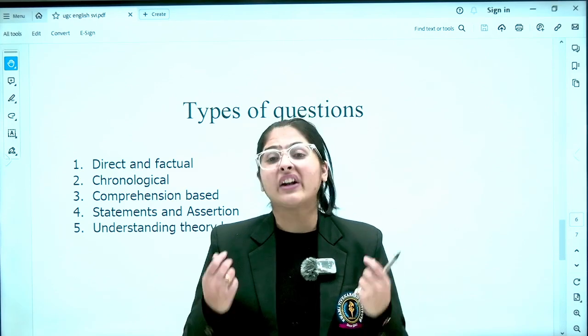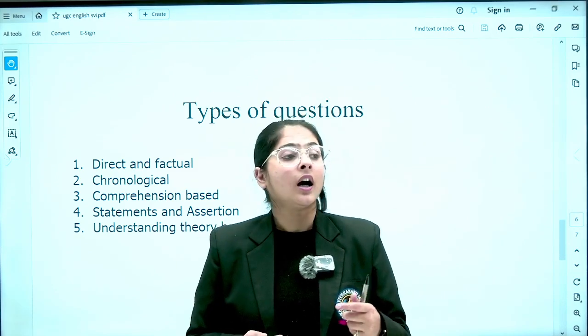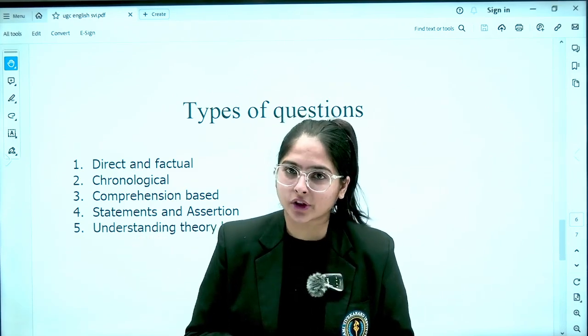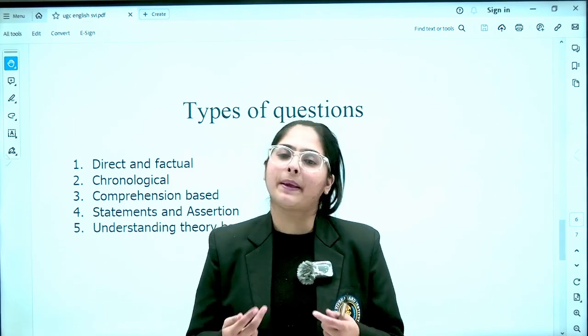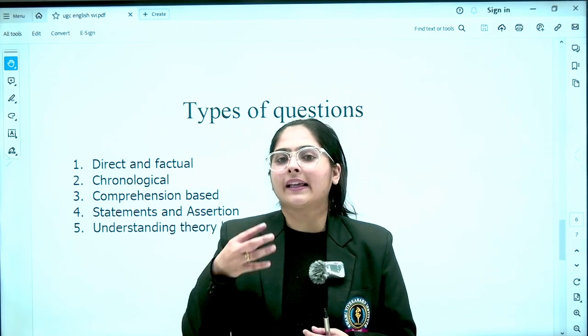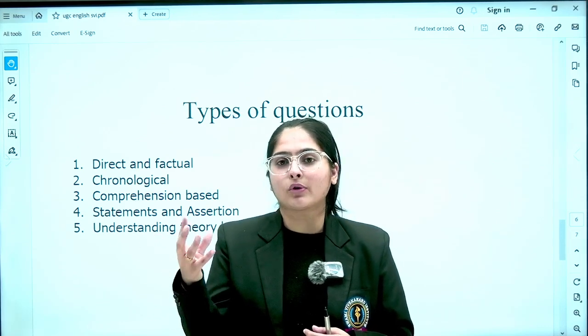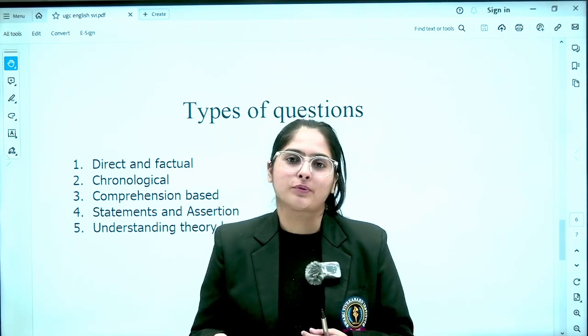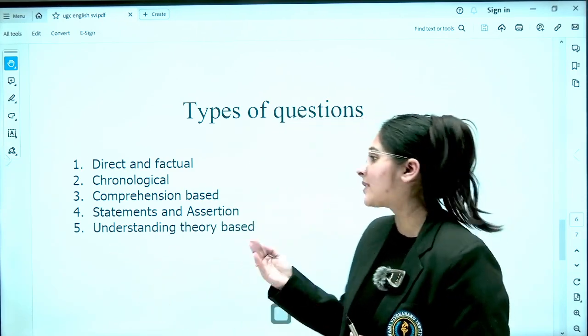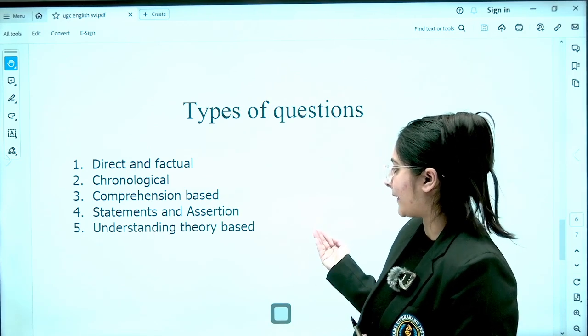In paper 1, we witness a lot of questions in the statement and assertion format. So these kinds of questions are also asked in paper 2, where they can write any statement about any of the theories, and then an assertion statement, and 4 options, asking whether it is supporting this statement or not.